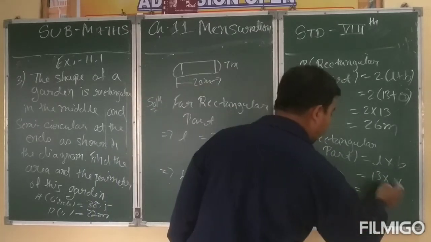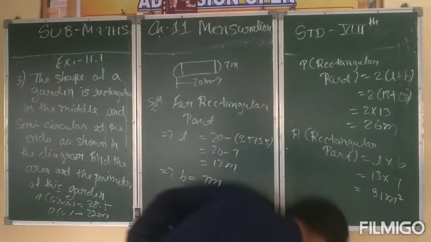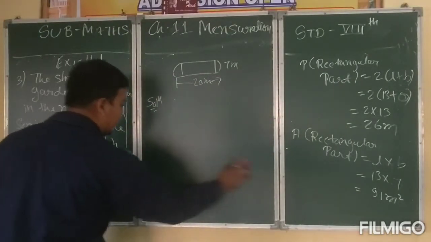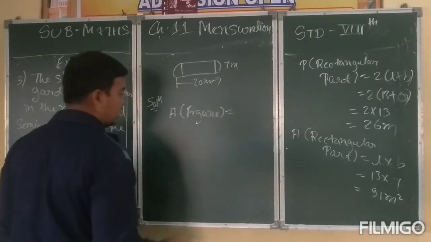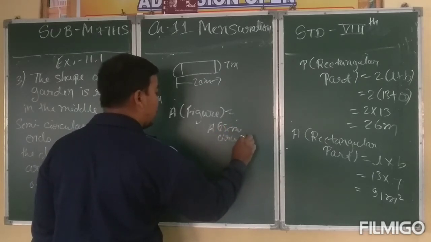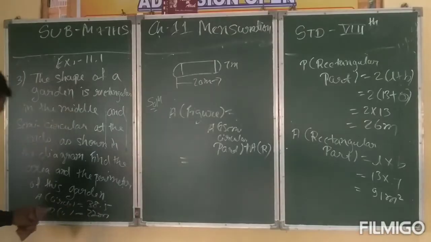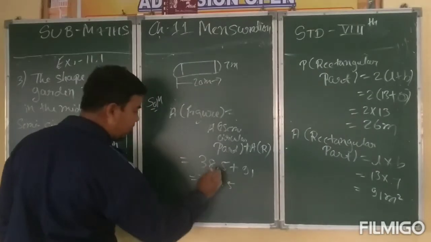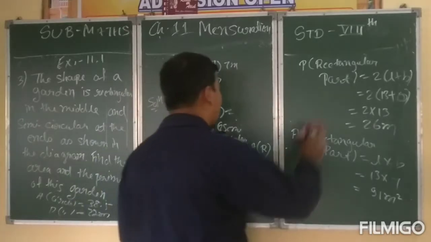So 7 into 13 is 91 meter square. This is the area of the rectangular part. Both we found. Now finally we have to find the area of the figure. Area of the figure is the area of two semicircles plus the area of rectangle. So 38.5 plus 91 is 129.5 meter square. This is the area of the total figure.